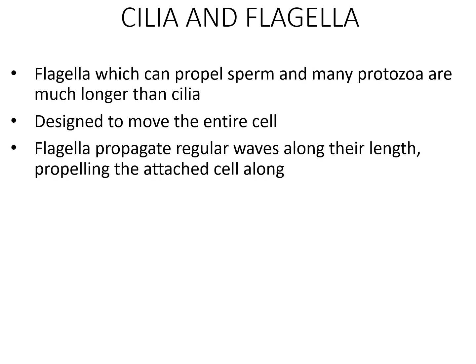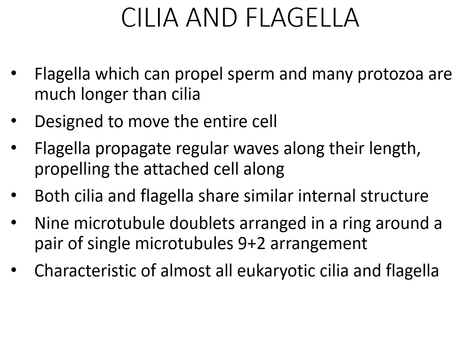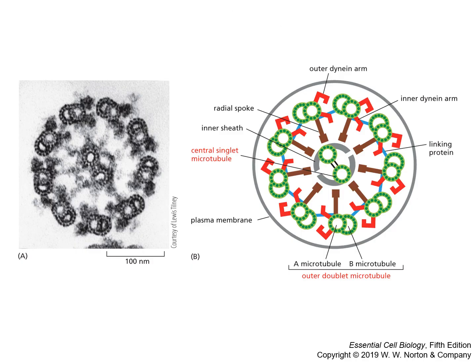Both cilia and flagella have a similar internal structure, where 9 microtubule pairs come together arranged in a ring centered with a pair of single microtubules. This is called the 9+2 arrangement, which is characteristic of almost all eukaryotic cilia and flagella. So here is that 9+2 arrangement of microtubules in cilia and flagella.